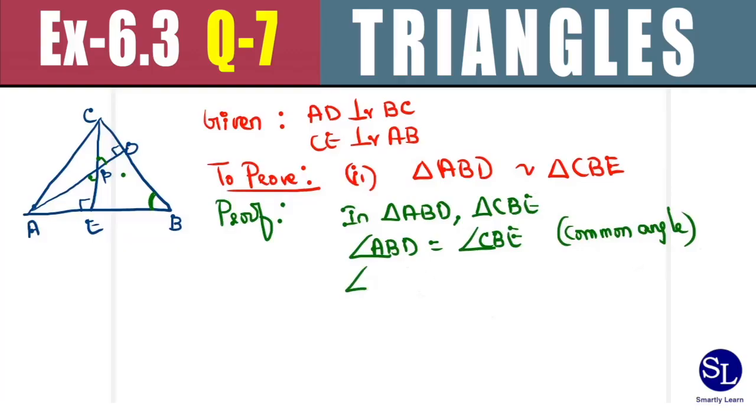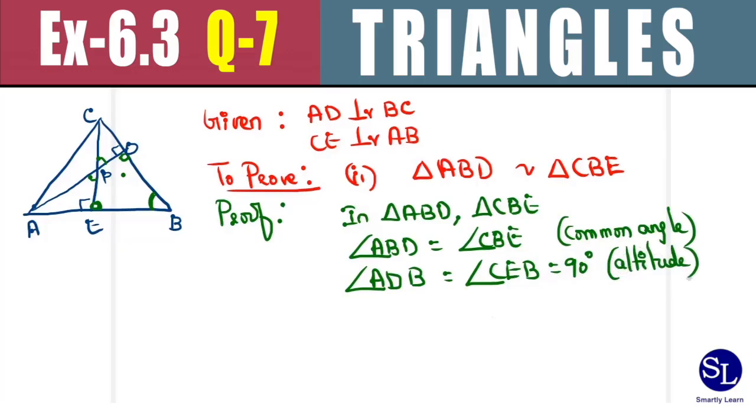Then angle ADB is going to be equal to angle CEB. I'm referring to this particular angle and this particular angle. They both are equal to 90 degrees because they are the altitudes given to us from the given statement. Now, in these two triangles also, there are two angles that are equal. So triangle ABD is similar to triangle CBE.